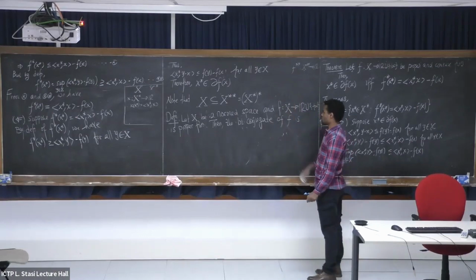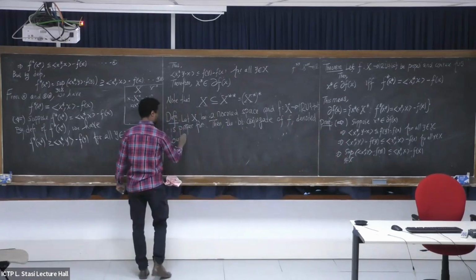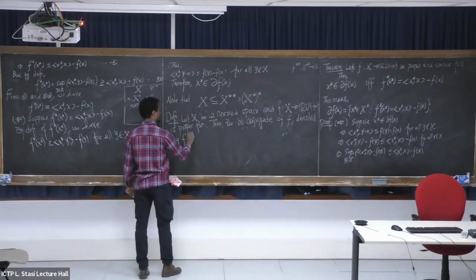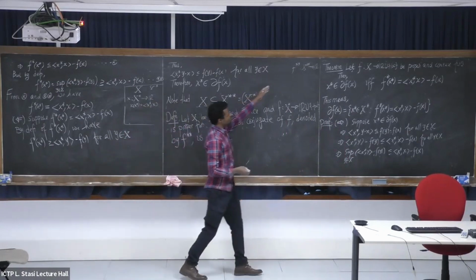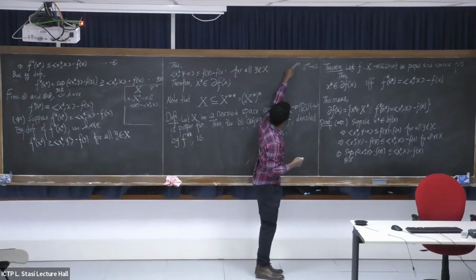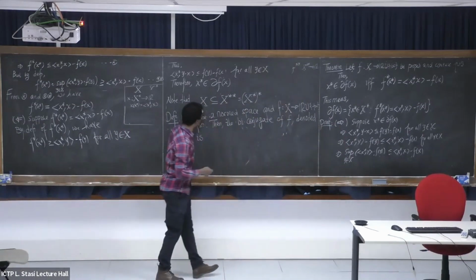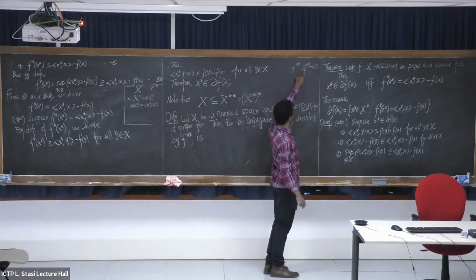The biconjugate of a function f, denoted by f double star, is a restriction of the Fenchel conjugate of f star on X. It is a restriction. The biconjugate we expect to be defined on the whole space X double dual.